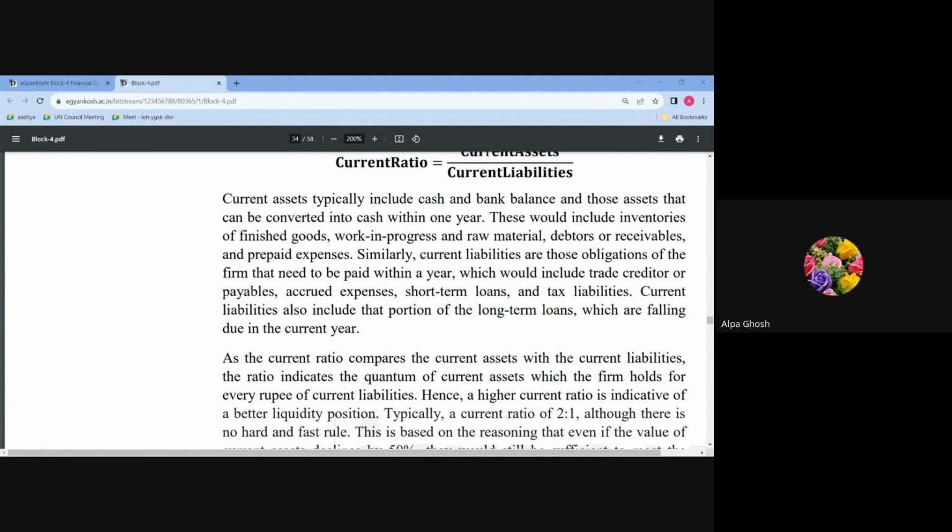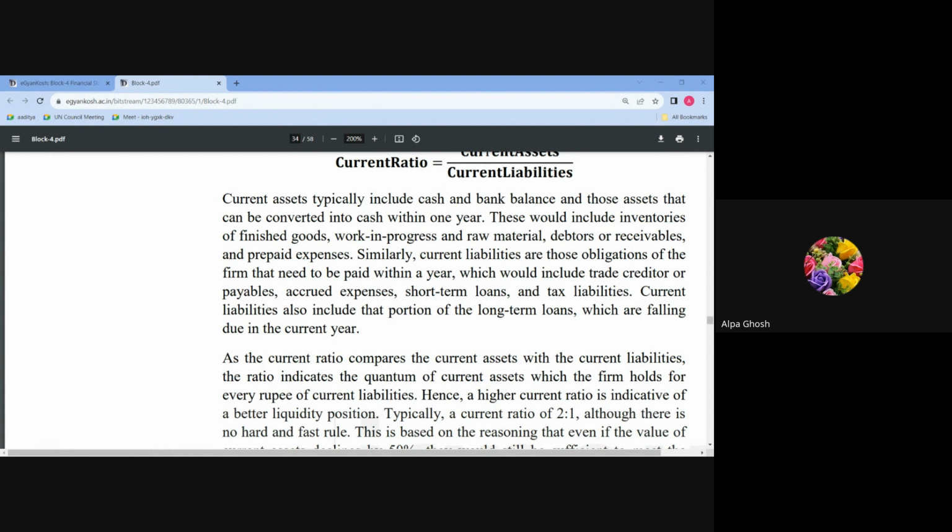We need some cash for conveyance, for paying office stationery, for printing, for paying the refreshment expenses of the employees. So all these expenditures are paid out from working capital. We never take a loan for making a payment of 10 rupees. This has to be managed within the cash that we have. So when we talk about current assets and current liabilities, this is managed with working capital.